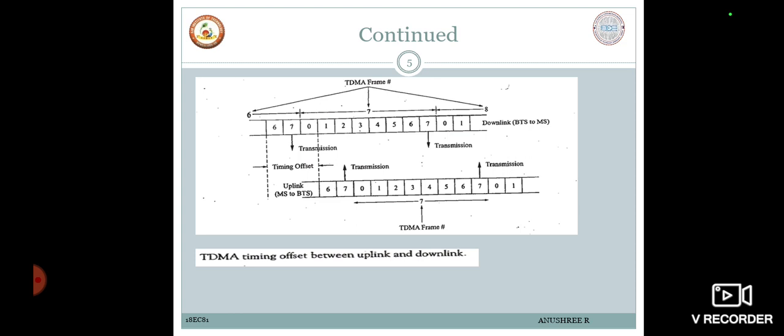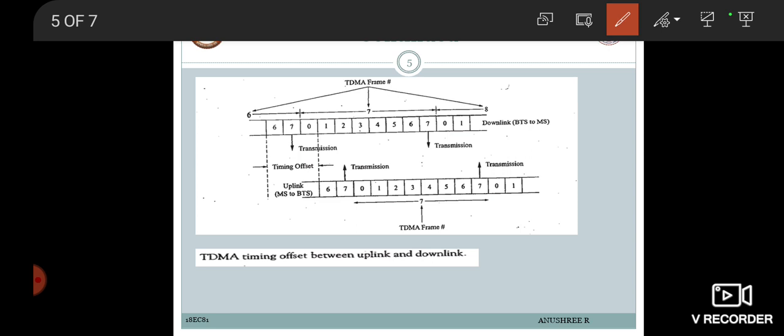The start of the TDMA frame on the uplink is delayed by 3 time slots. If we have a detailed look at this, we can see there is a delayed version of 3 time slots, delayed by 3 time slot periods from the downlink frame.